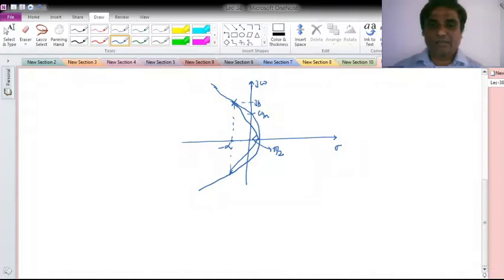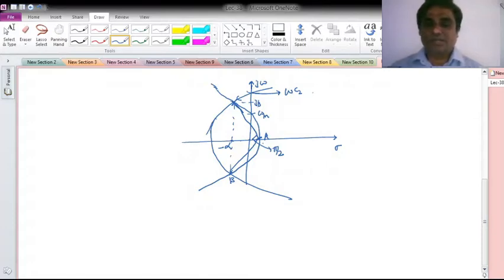Then I take this as the center, and label the points A, B and C. I take AC or BC as the radius and draw one more circle like this. Wherever it cuts the positive frequency, that will be my omega c2, the higher cutoff frequency.